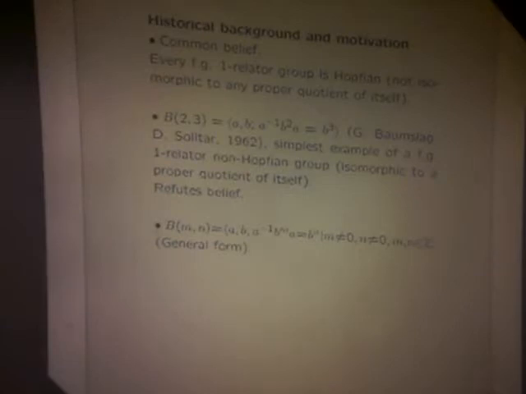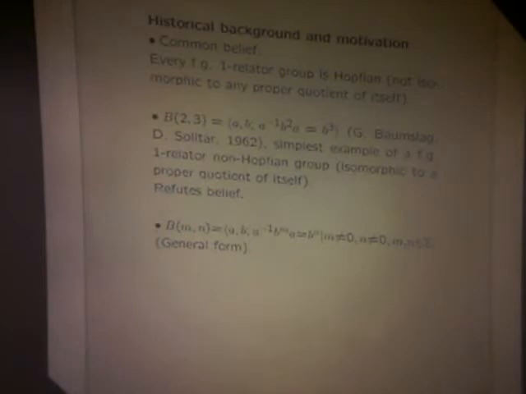Now, before I continue, we might just want to take a slight look at why B(2,3) is non-Hopfian. If we look at the general form, we can classify the Baumslag-Solitar groups in certain ways. First, those which are residually finite. B(m,n) is residually finite if and only if the absolute value of m equals the absolute value of n, or the absolute value of n is 1, or the absolute value of m is 1.